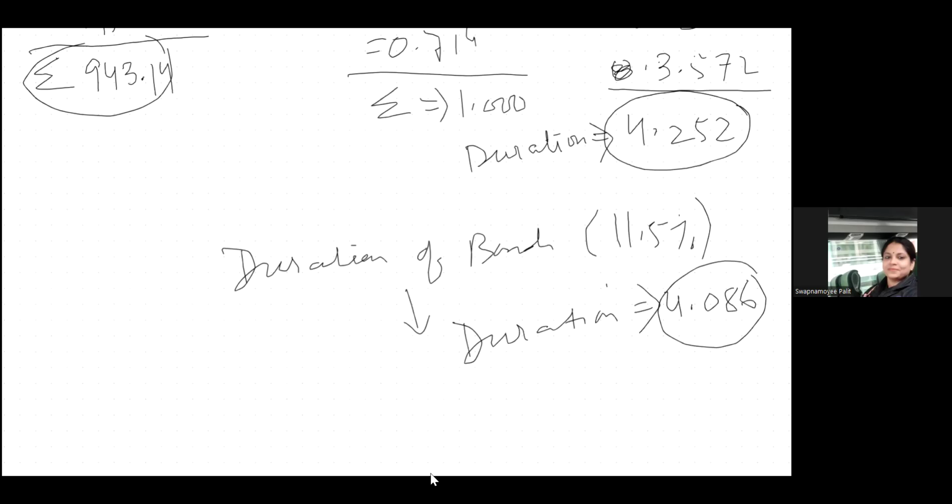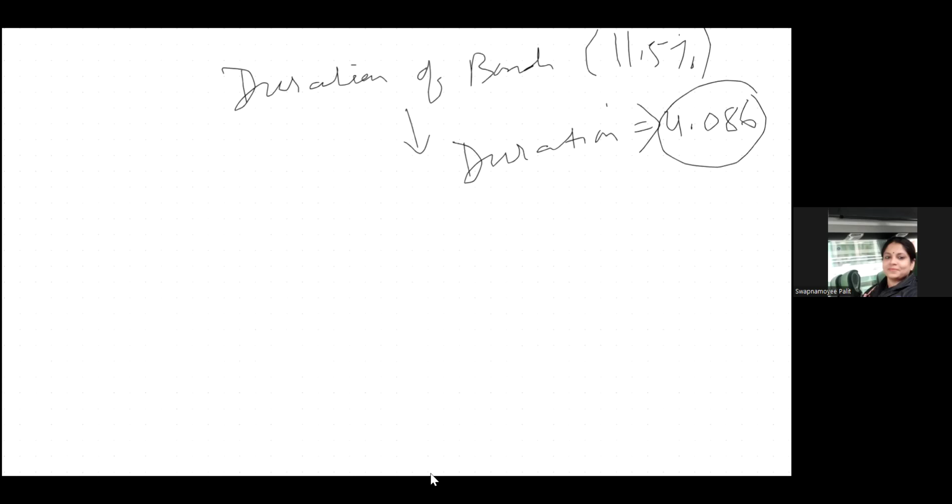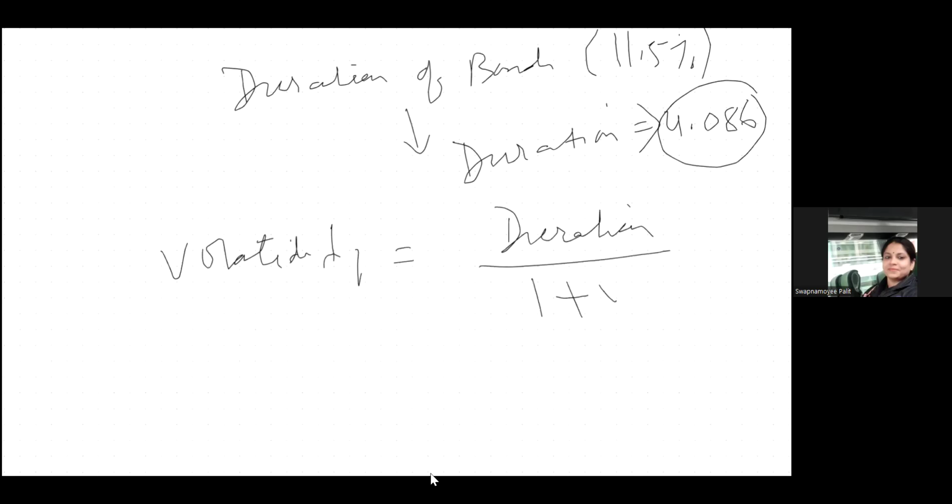Okay. Now let us see how we calculate the volatility. Its formula is your duration divided by 1 plus your yield to maturity. Yield to maturity means the rate of interest which has been given for each bond. Okay.